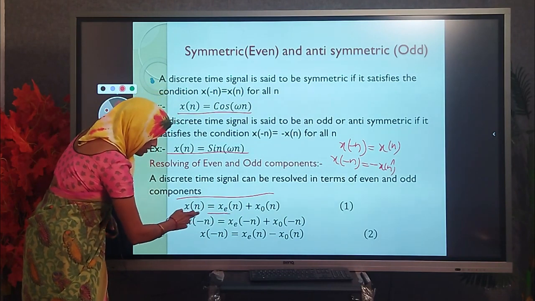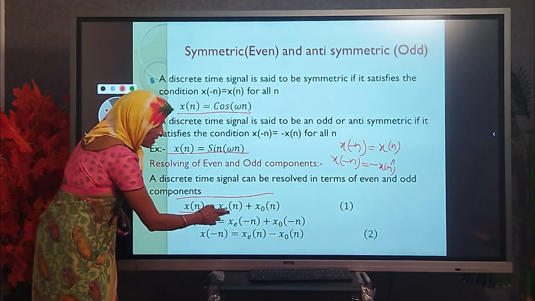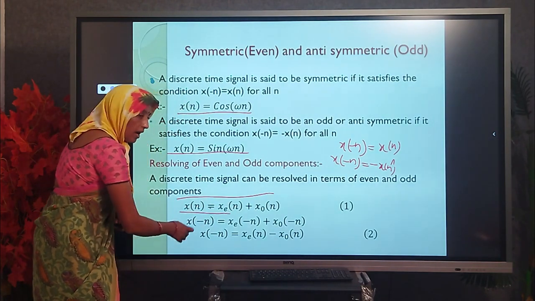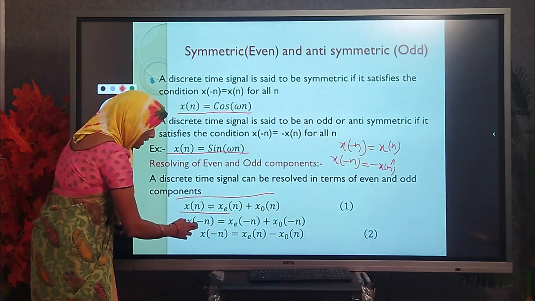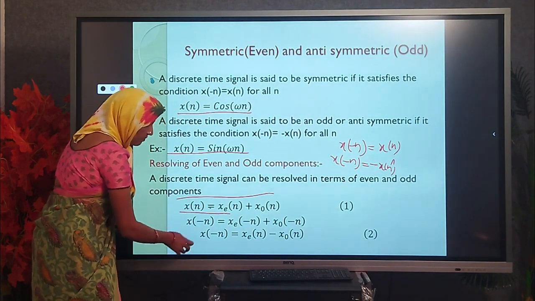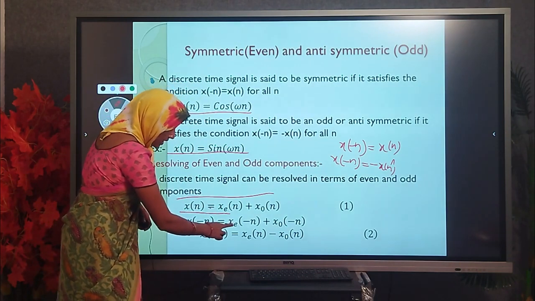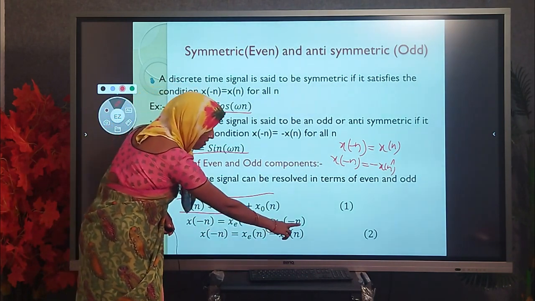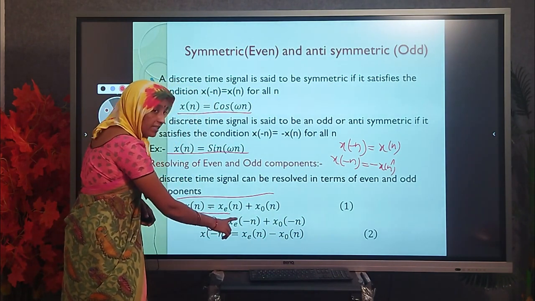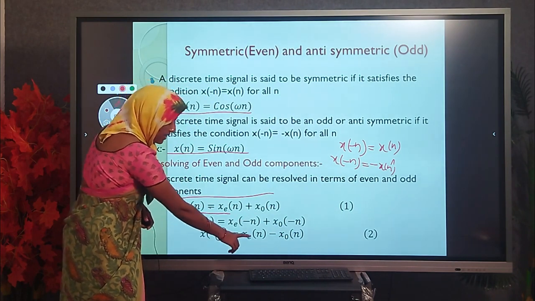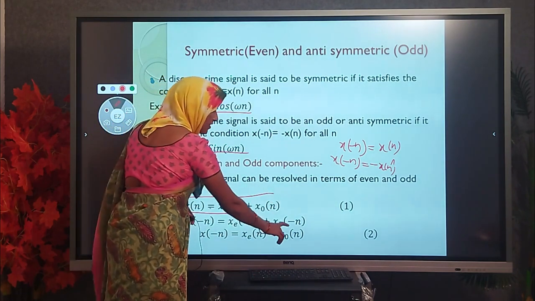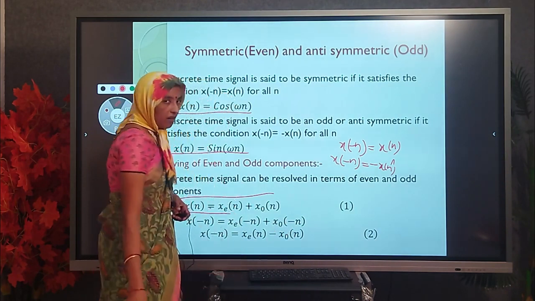So x of n is the original signal, that is equal to xe of n plus xo of n, equation 1. Let n equal to minus n in this equation, then we will get xe of minus n plus xo of minus n. For an even signal, xe of minus n equal to xe of n. For an odd signal, xo of minus n equal to minus xo of n.